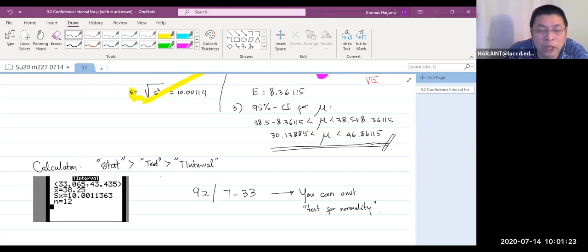So in practice, we don't use a sample size of 12. If we use a sample size of 12, then we need to test normality. But just assume in your suggested homework that the numbers you get are coming from a population that is normally distributed.